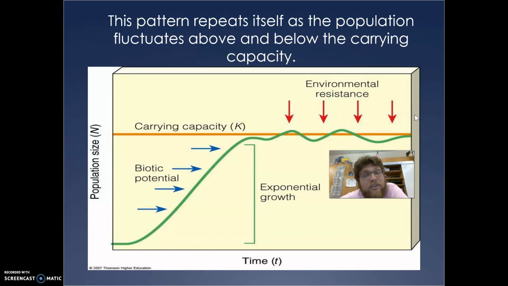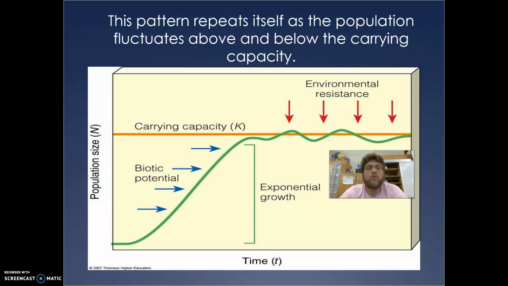All right, so I'm going to stop the video here, and then I'll make another video where we'll talk about some factors that change this graph. But overall, you will see exponential growth, J-shaped, but in real life, you'll see this S-curve with this fluctuation as organisms reach a carrying capacity, because ecosystems have a limited number of resources, but populations will overshoot that carrying capacity because they don't know that they're reaching a carrying capacity.